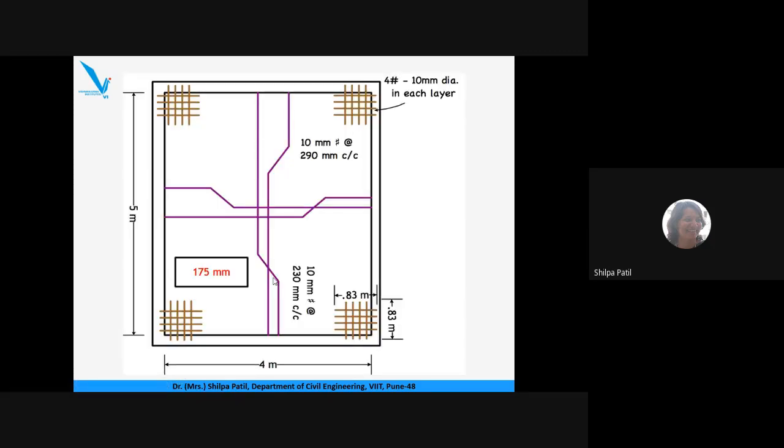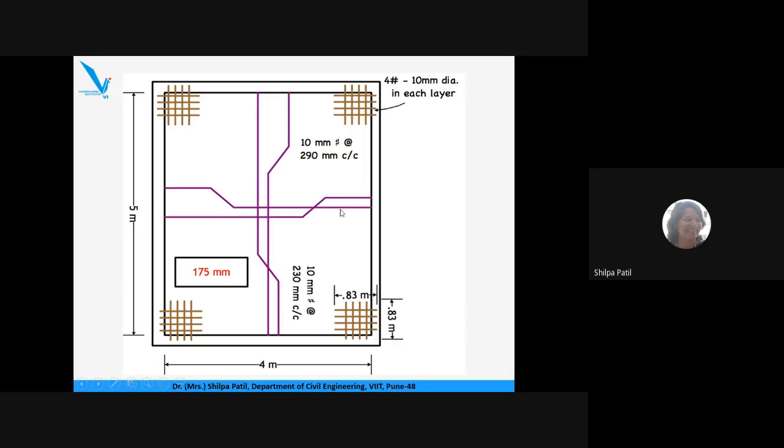Okay, this is important. This diagram is important. You have to show the overall depth in a box here, 175 mm, and in both directions main reinforcement is provided. In both directions, alternate bars are bent, and you have to show two bars, and write the details perpendicular to the bar.